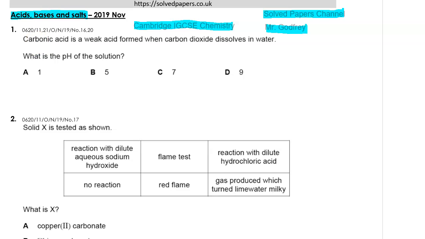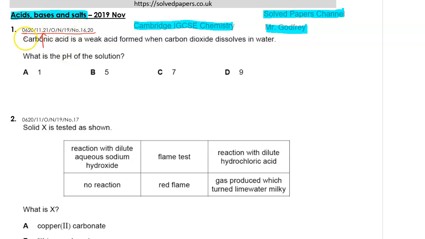Number one. In all my papers, you'll find something like this. This tells you the exam variant from which this question was set. This question appeared in variant 1.1 and 2.1. It was number 16 in variant 1.1 and number 20 in variant 2.1 of the October-November 2019 exam series.